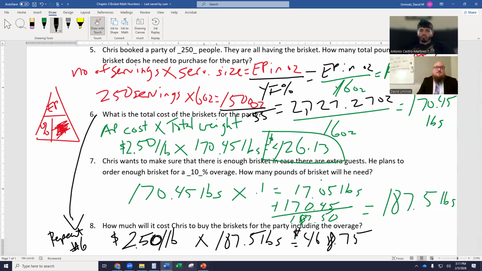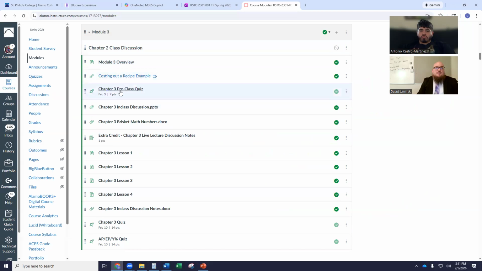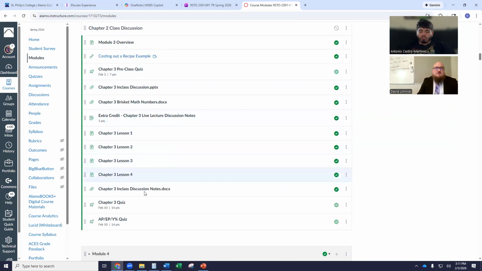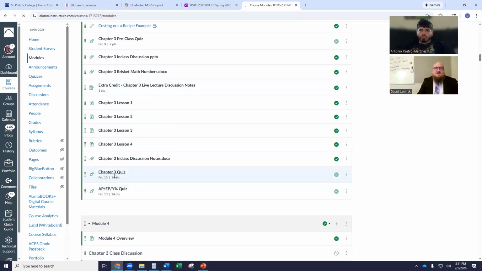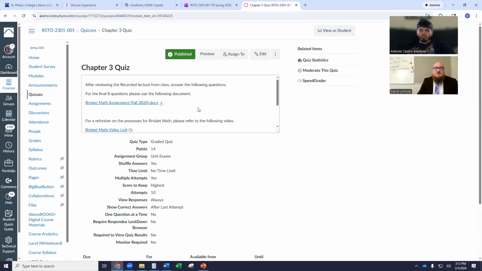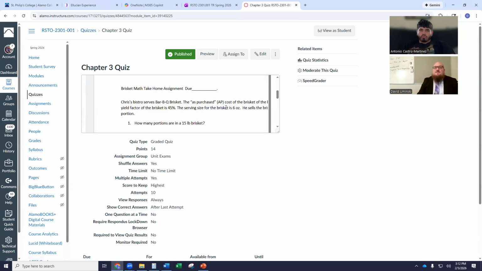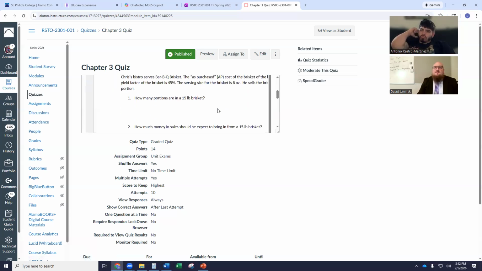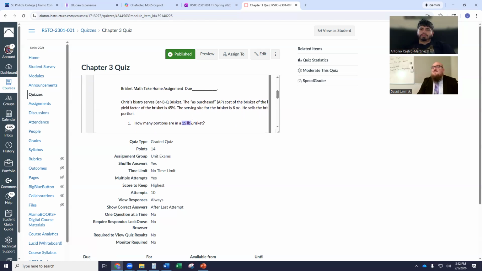All right, so if you look in the chapter 3 quiz, you're going to want to download this brisket math page. This time we're looking at a 15-pound brisket.